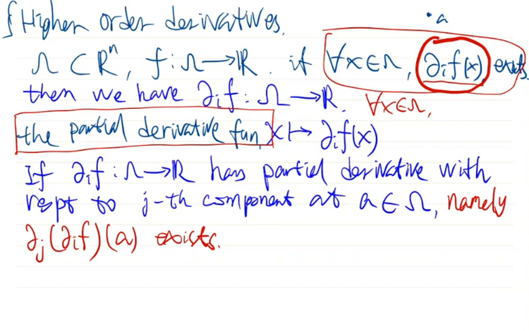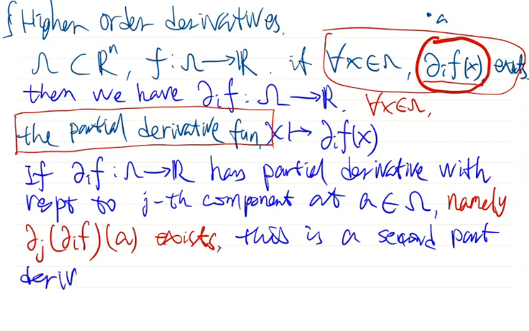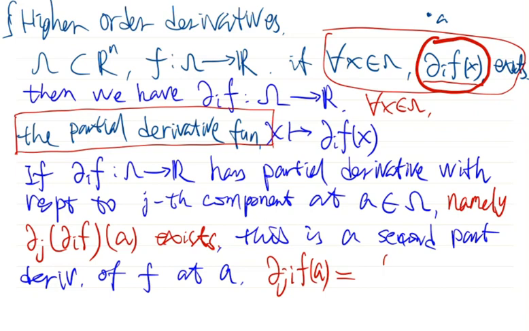then we call this the second partial derivative of f at A. We denote this by dji, here the partial derivative function.